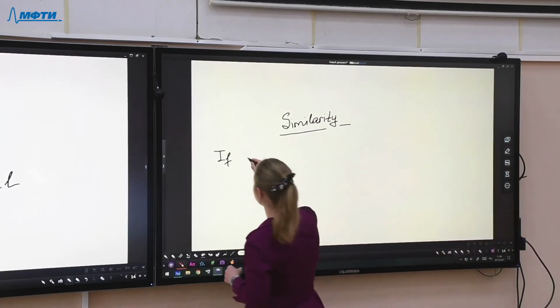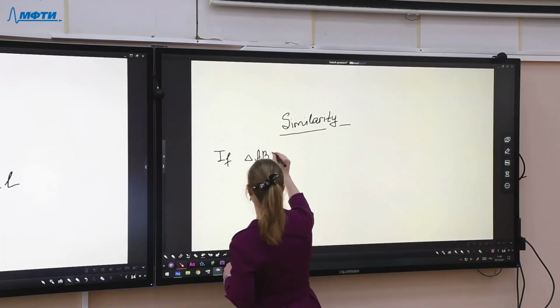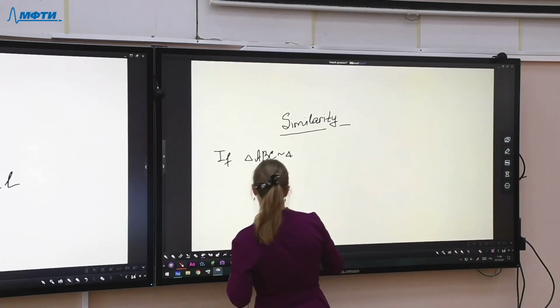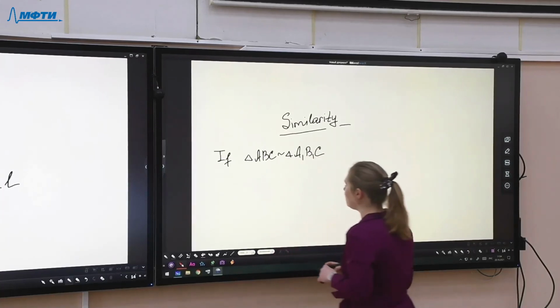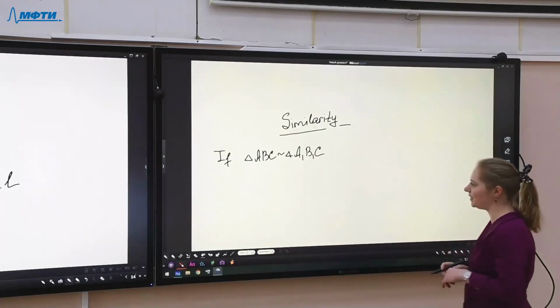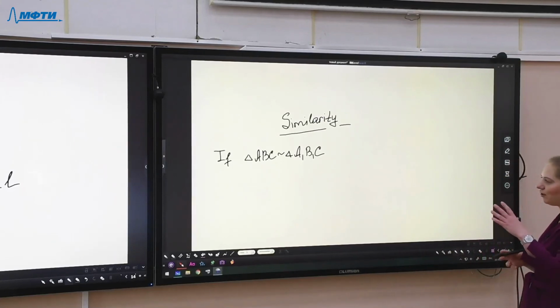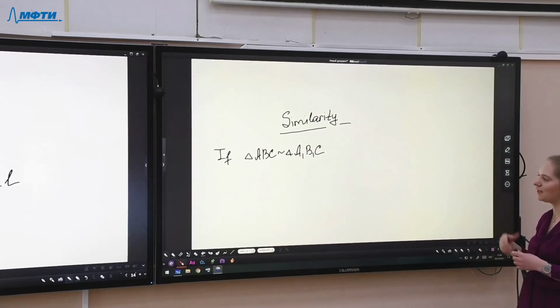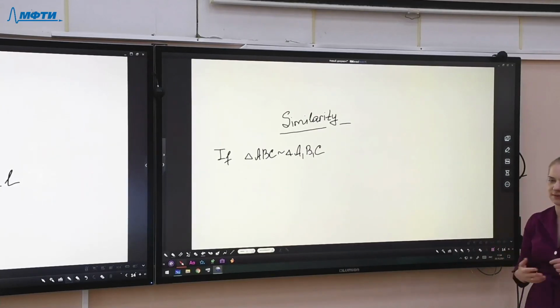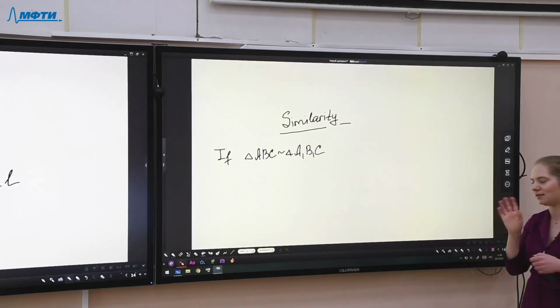So if triangle ABC is similar to the triangle A1B1C1, and we know the coefficient of this similarity, so we know the ratio of two corresponding parts of the triangle, maybe sides, maybe altitudes, maybe medians, bisectors, doesn't matter.